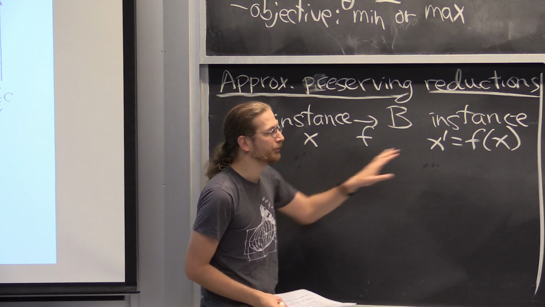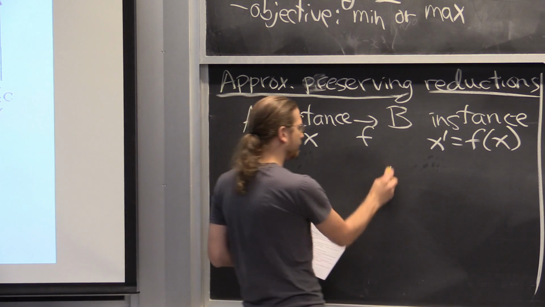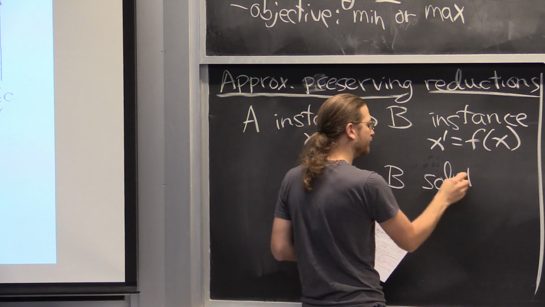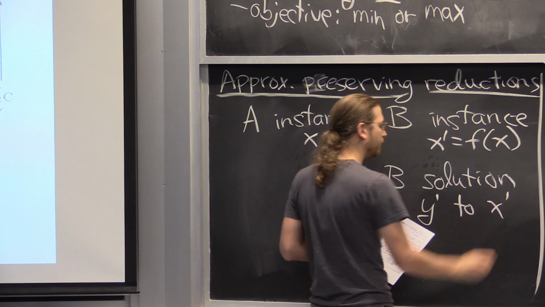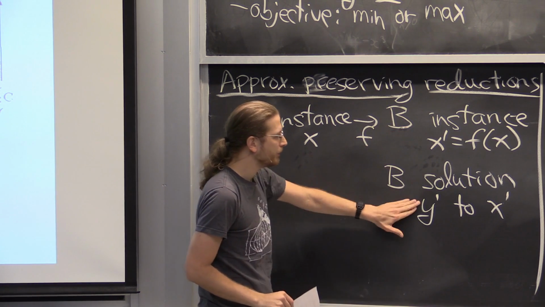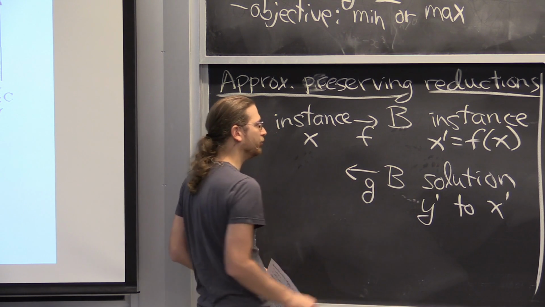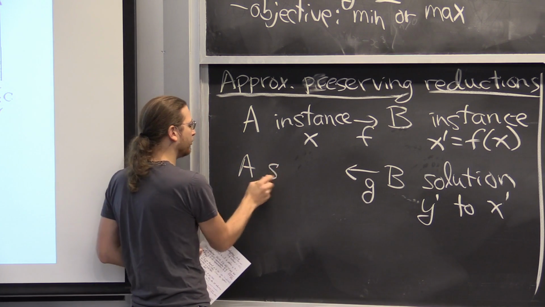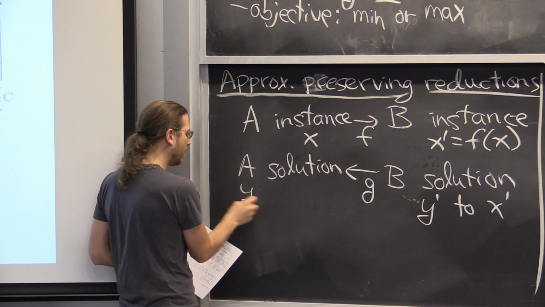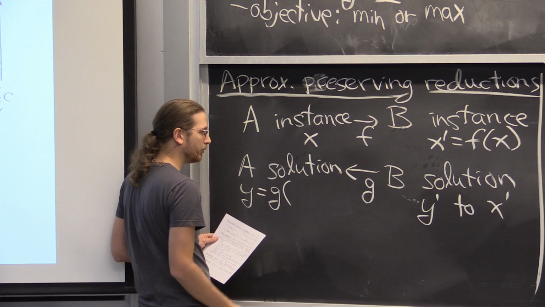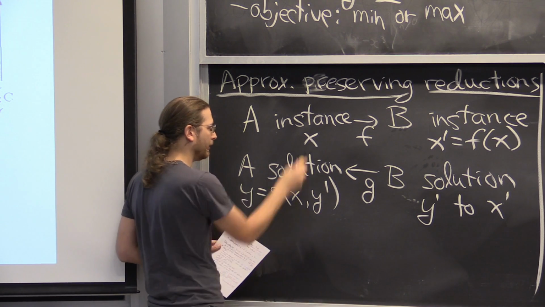So you could say opt of X equals opt of X prime, but that's not going to be strong enough. What we want is that if we can find a solution to this B problem, let's call it Y prime, to the problem X prime. So the X prime is an instance of B. If we can find some solution, any solution Y prime to X prime, then we want to be able to convert it back by a function G into a solution to A, which we'll call Y. And so it's G. You might think it's G of Y prime, but we'll make it G of X comma Y prime. So it can also depend on what you started with.